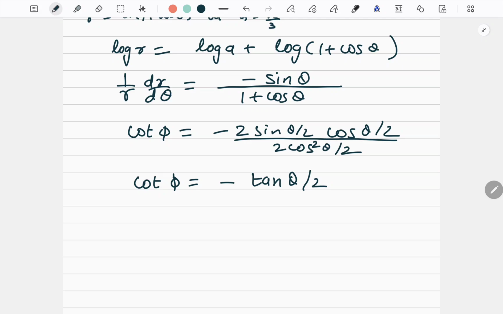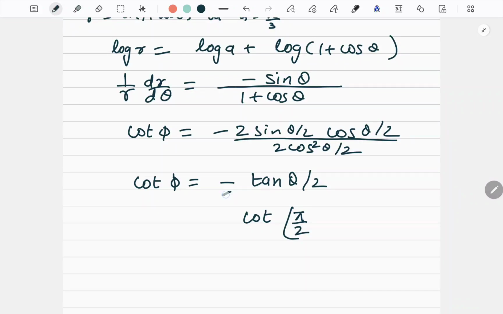Now see, in all the remaining questions we have done, this is the first time a negative sign is coming. So now I will tell you the importance. First of all, tan is there. You want to convert tan to cot. Okay, fine, so I will write cot. Since you have converted tan to cot, pi by 2 will come. Now I have two options, pi by 2 minus theta or pi by 2 plus theta. If I do pi by 2 minus theta, I will go to the first quadrant where everything is positive.